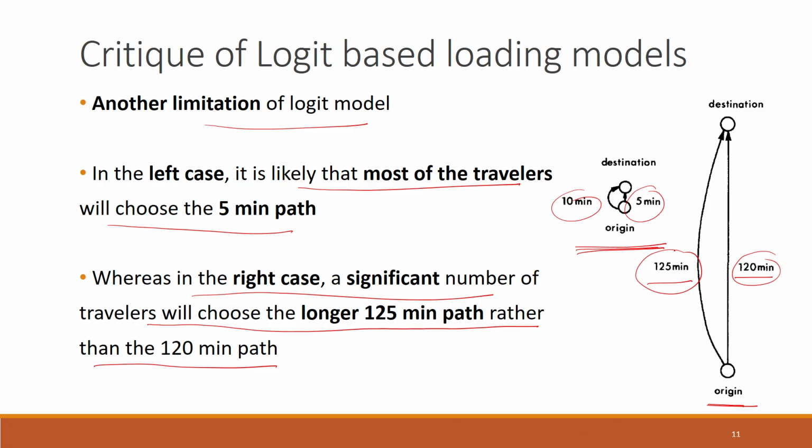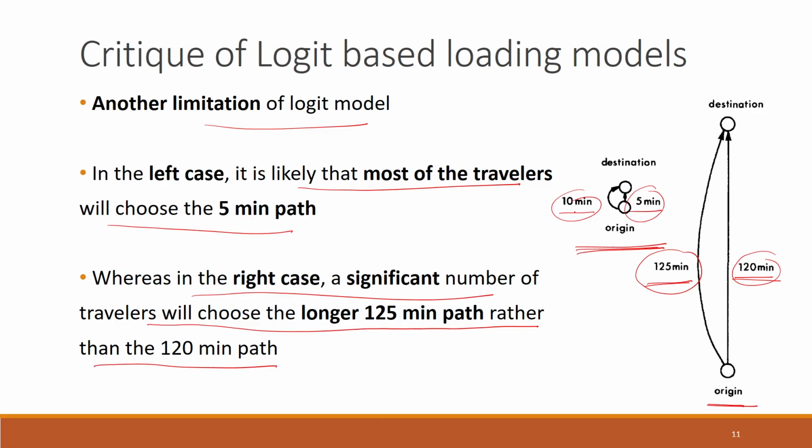Why? Because it can be clearly seen that people will not be differentiating this 125-minute path versus 120-minute path that much, as they will be able to differentiate this 5-minute path versus 10-minute path.